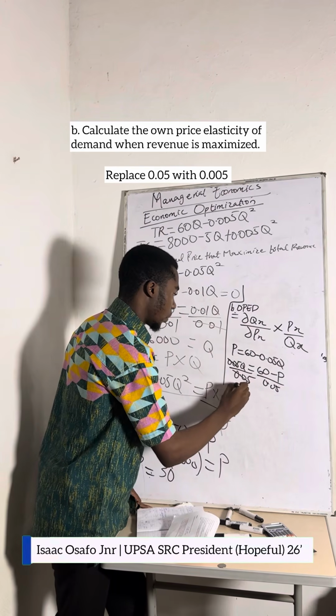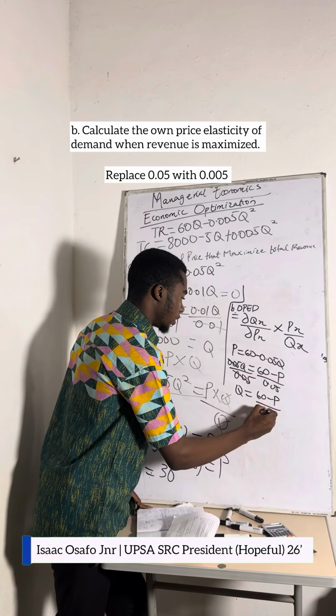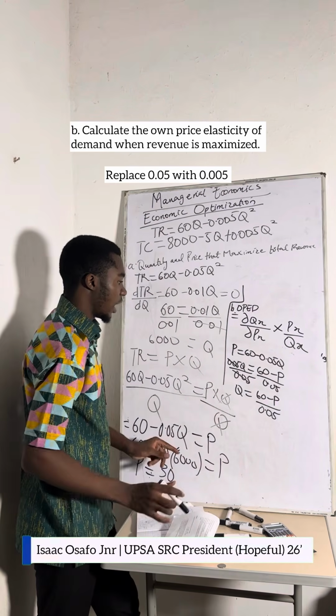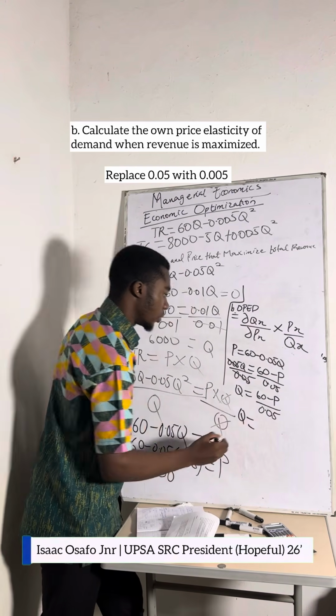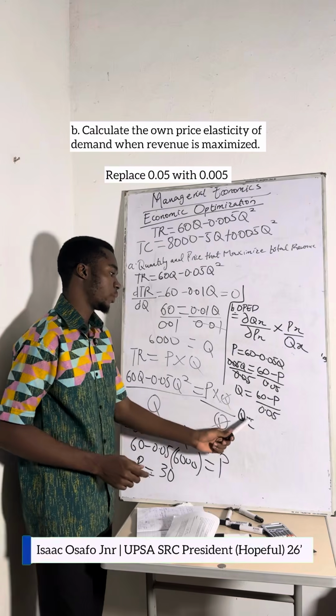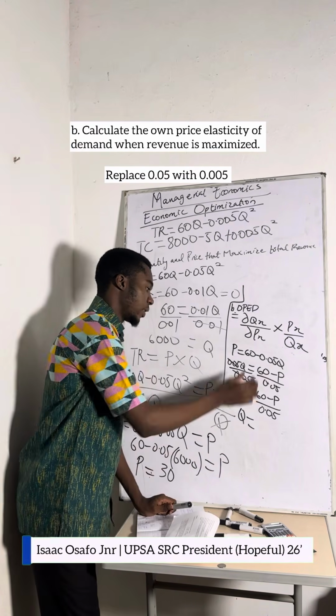Then I'll get my quantity to be 60 minus P over 0.05. Now here, please pay attention. Q is equal to 60 over 0.05, then minus P over 0.05.